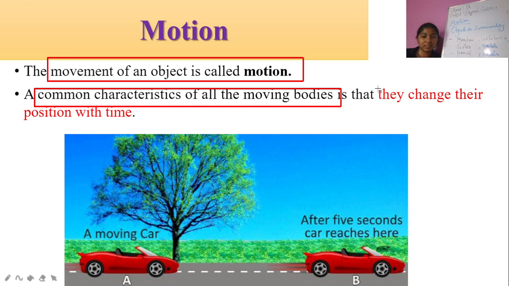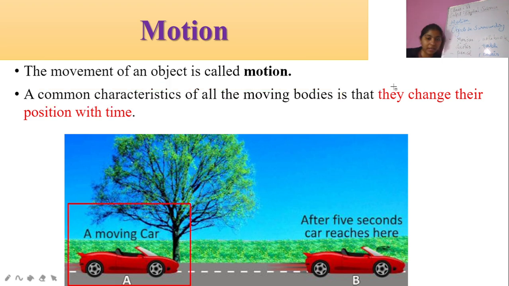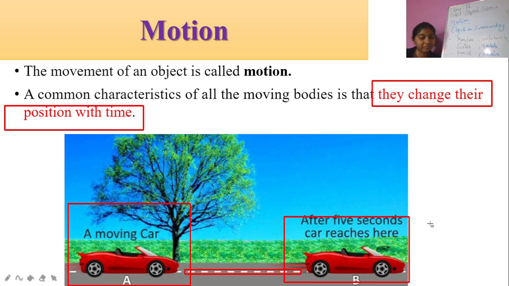Students, look at this image. This is car A, right? And this is car B. It is the same car, moving on the road, right? You can see that after 5 seconds the car reaches point B. So we can say this car is in motion.